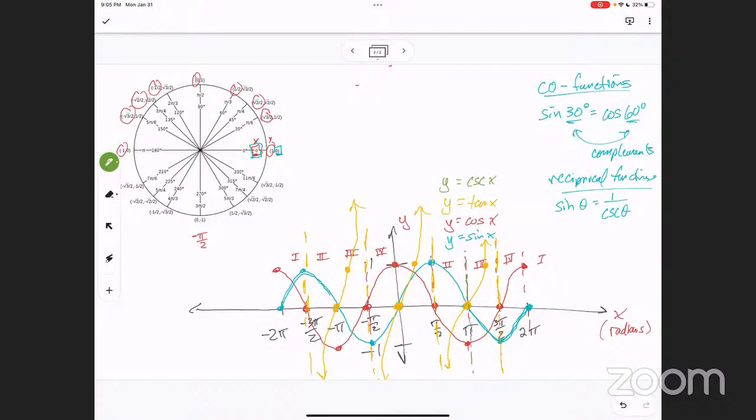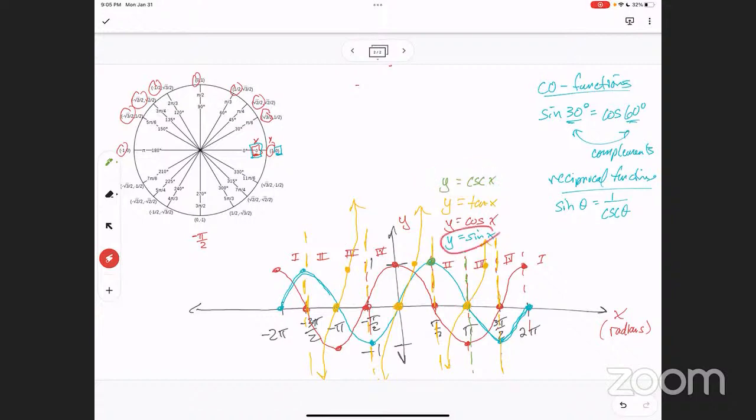At the peak point where it's 1, the reciprocal of 1 is still 1, and then it's going to flip like this.